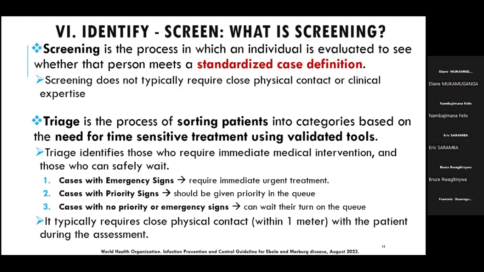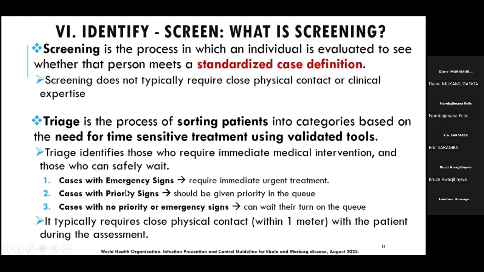For example, someone having fever, headache, and who is among other people who have no symptoms, that person should also be put aside. In that situation, in our triage area, they will be labeled as yellow. And then we have cases with no priority or emergency signs who are labeled as green. Those people can wait a bit or a longer time compared to the ones with emergency signs or priority signs.